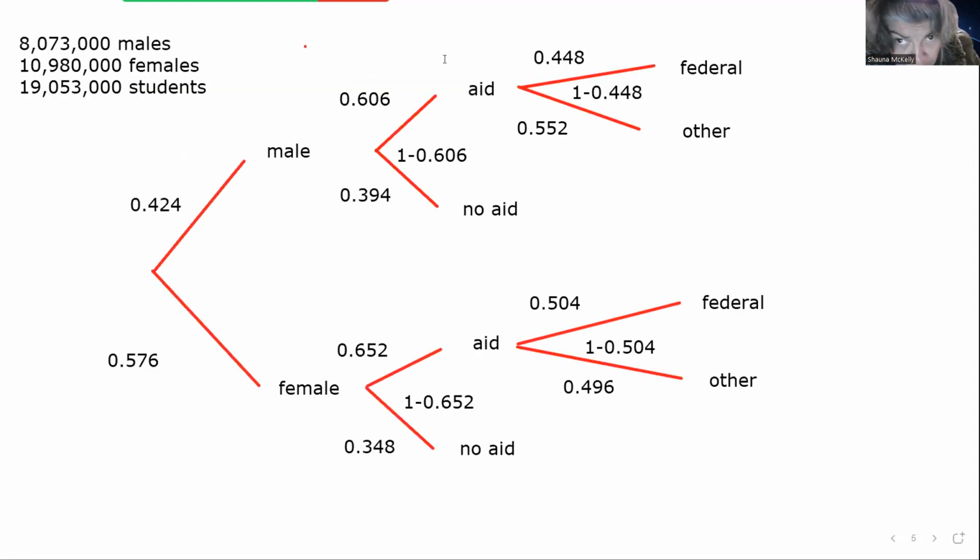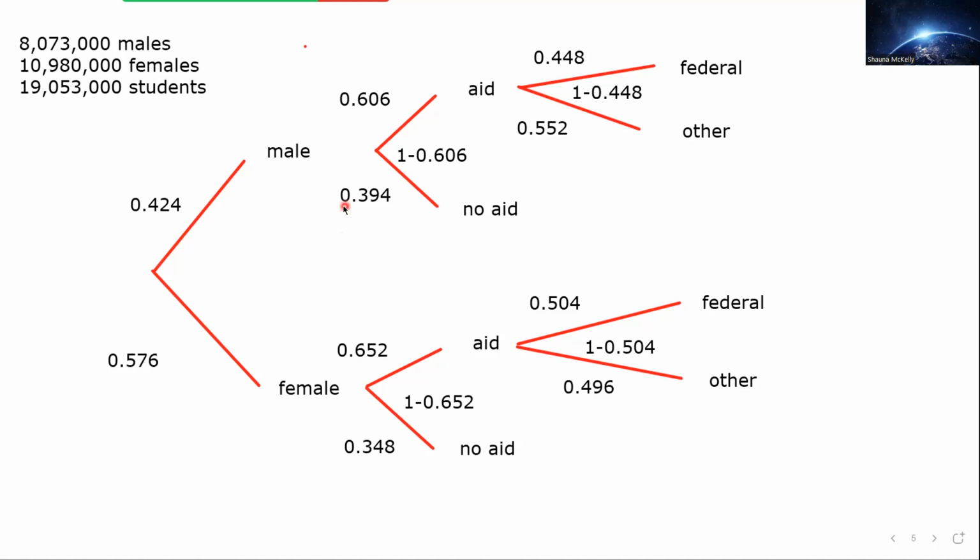Here's the males. Let me do a spotlight for you. So here's the males, 0.424, without aid. Well, that's just going to be 0.424 times 0.394, because it's male and no aid, right? Male and no aid, 0.424 and 0.394.